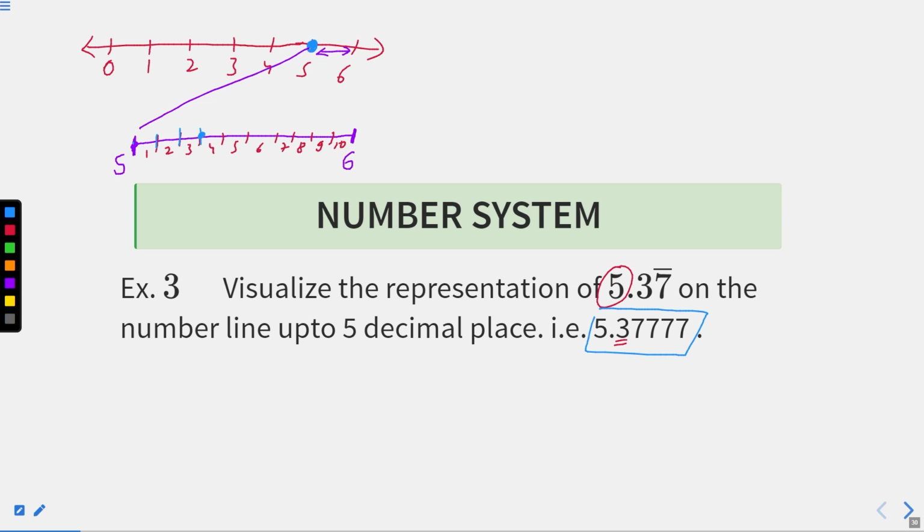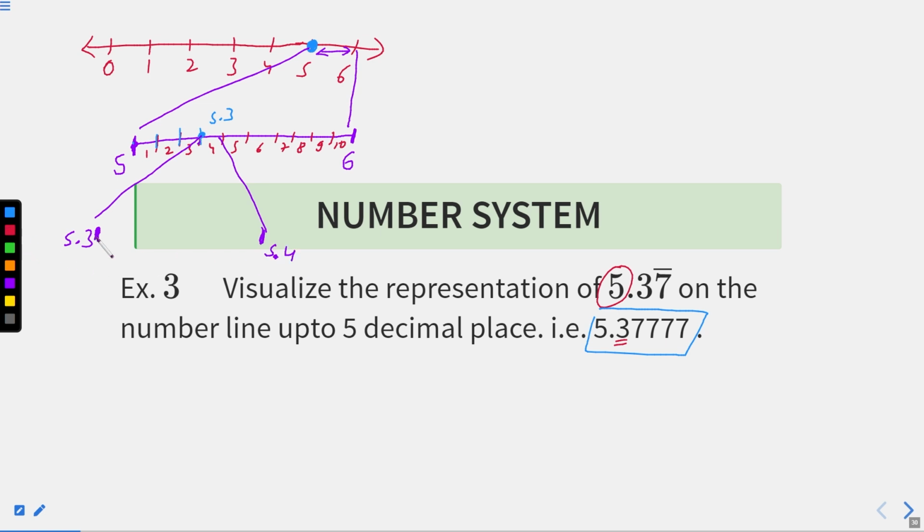So here we reach the point 5.3. Now magnify again. The part we have to magnify is 5.3 to 5.4. So the magnification is like this. The 5.3 is the starting point and the ending point is 5.4.